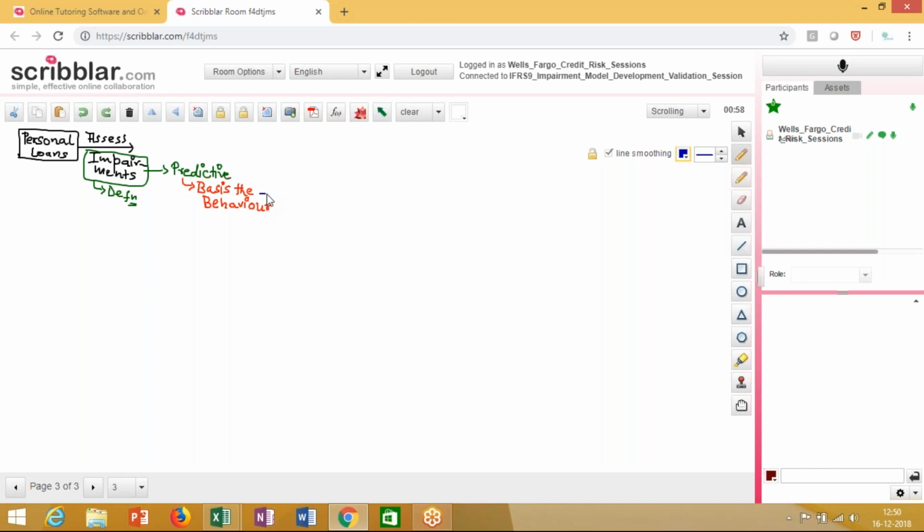The account is staged into three parts. One is stage one.